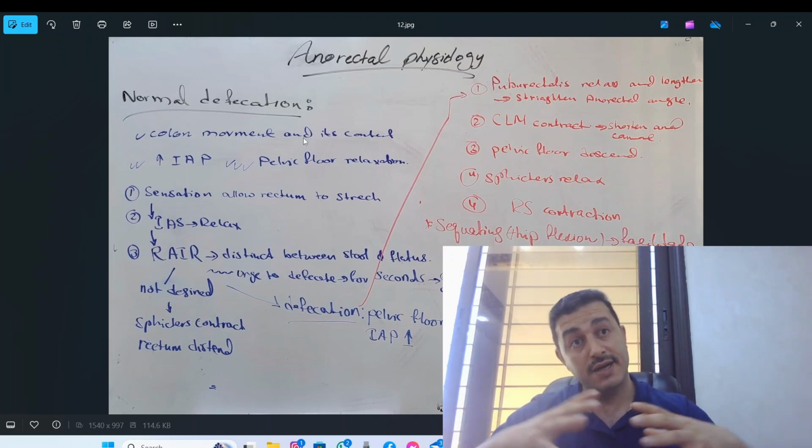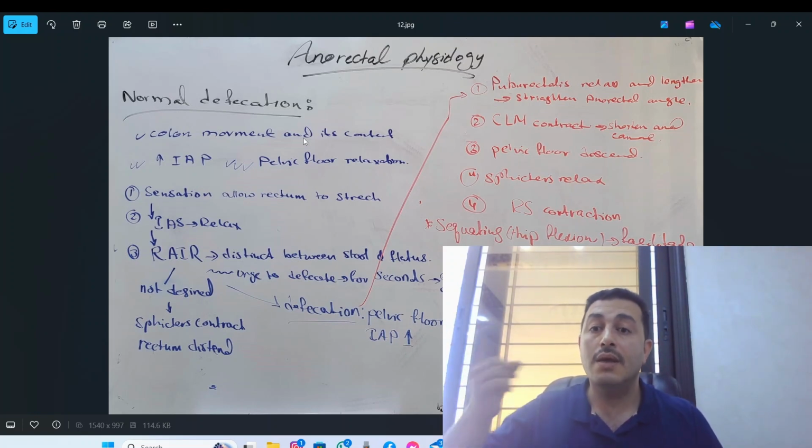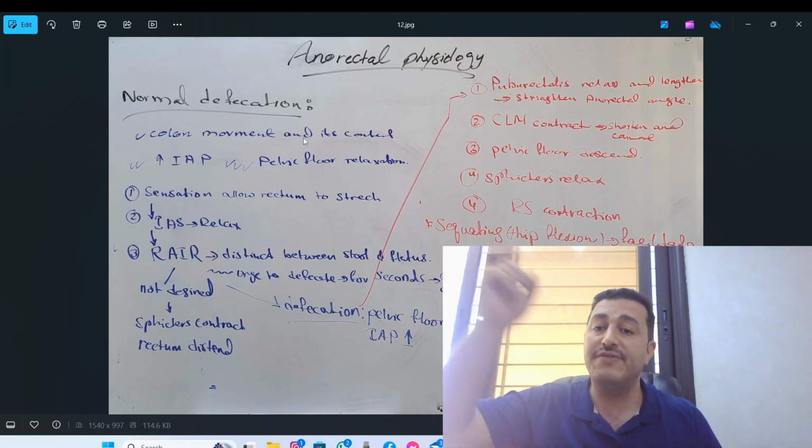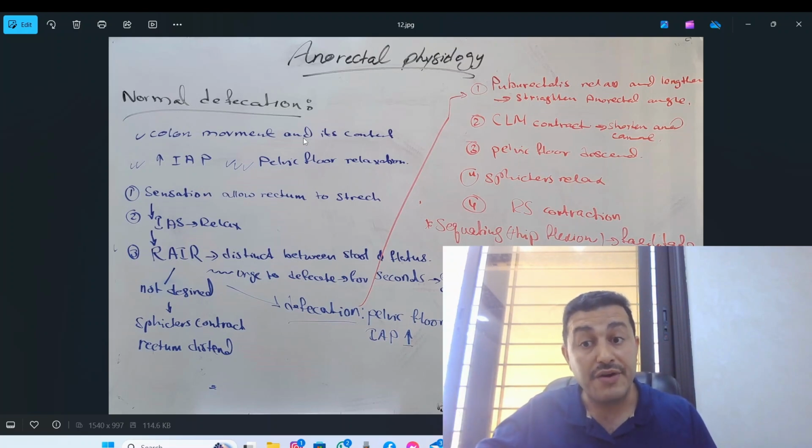The rectal distension will stimulate the colonic movement, the mass movement. The gastrocolic reflex will be stimulated, with the mass movement and movement of the stool toward the rectum, and it will also stimulate the rectoanal reflex.